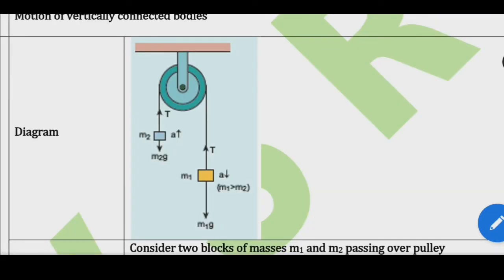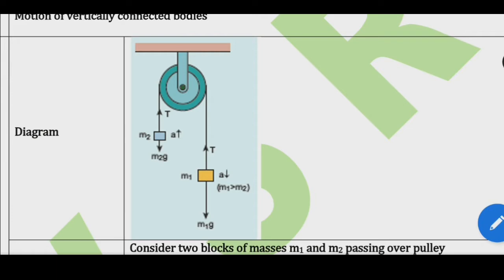Motion of connected bodies. In vertical motion, consider two blocks of masses m1 and m2 connected by a light and inextensible string that passes over a pulley, as shown in the figure.